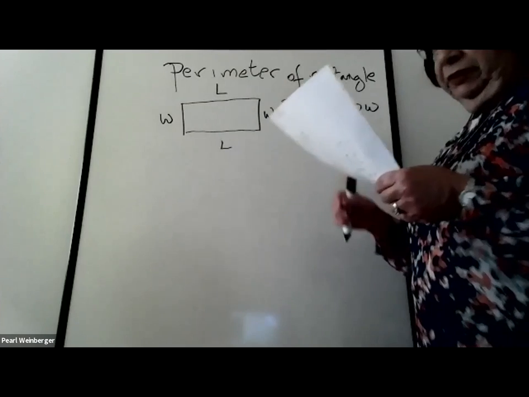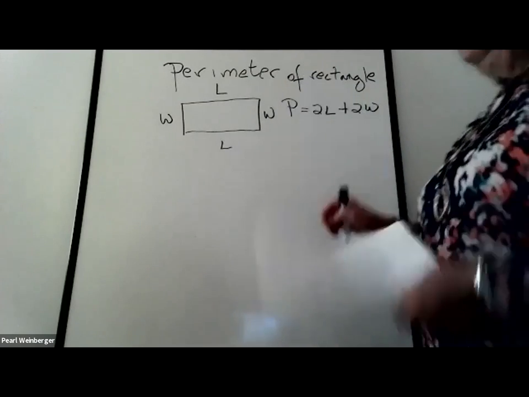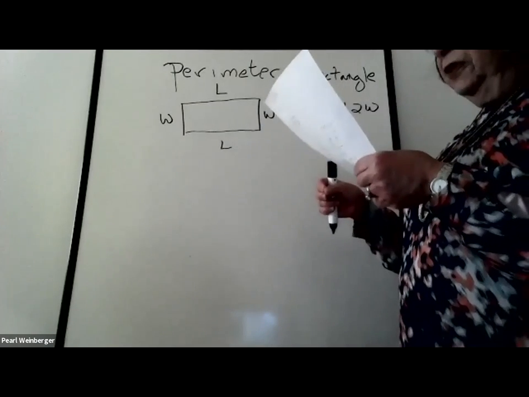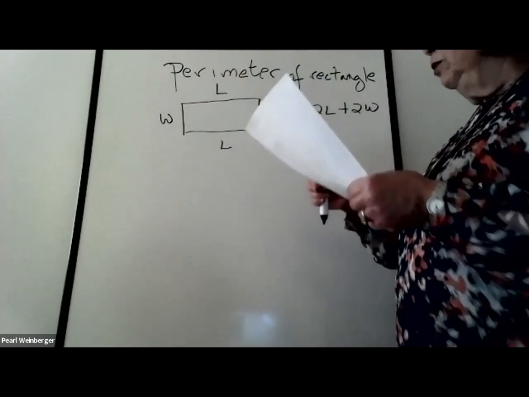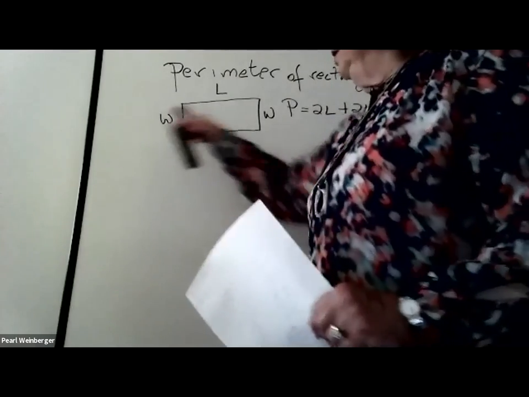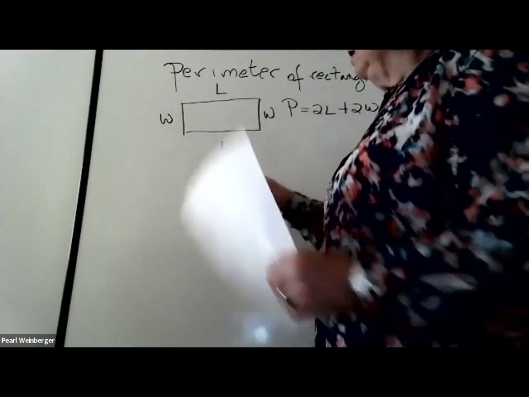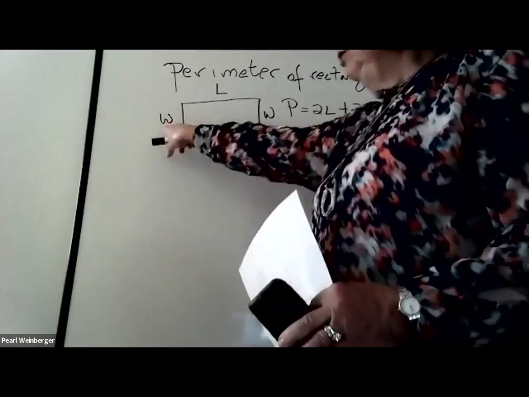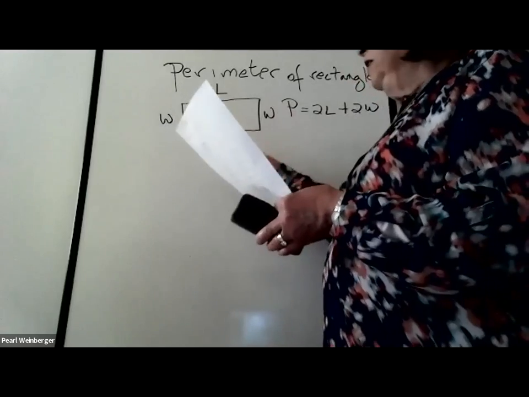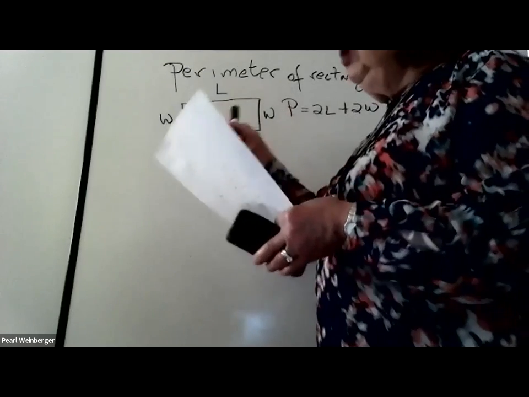Let's see what this says. In this particular example, we're told that the length is 2 more than the width. Now, let's call the width W. So there's a W here and a W here. And we're told the length, the L, is 2 more than the width.